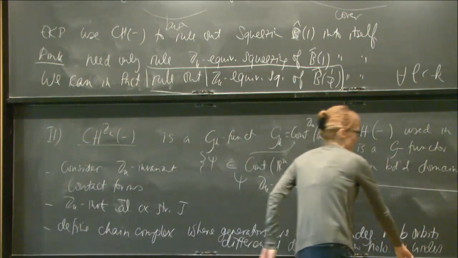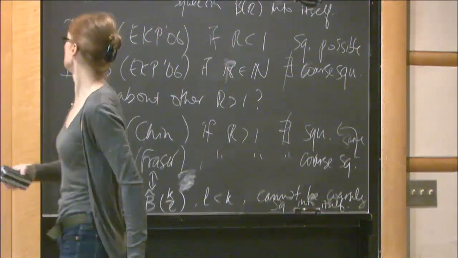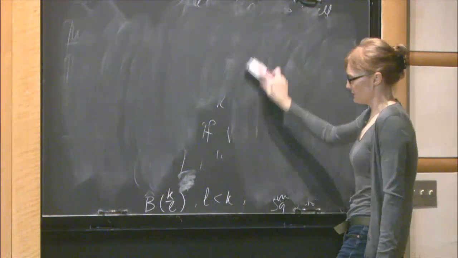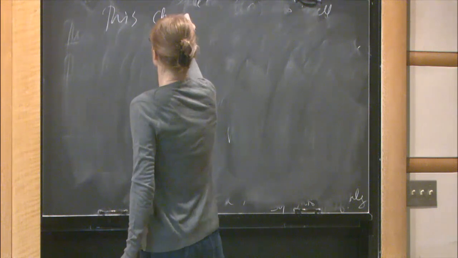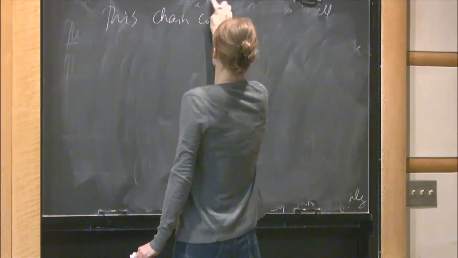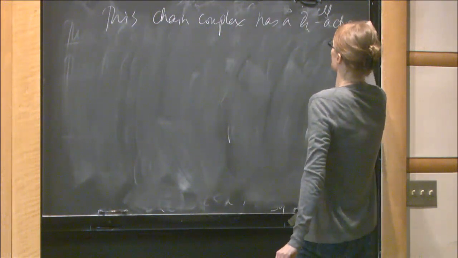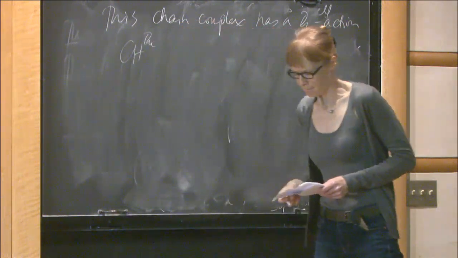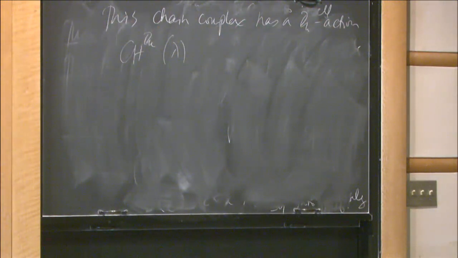Okay, so the upshot of bringing in this extra symmetry with the ZK action is that we get a chain complex with a ZK action. And we'll define CHZK. So ultimately, we're going to consider contact forms, as I said, which are standard outside of the domain, and we're going to be taking a double limit and so on.